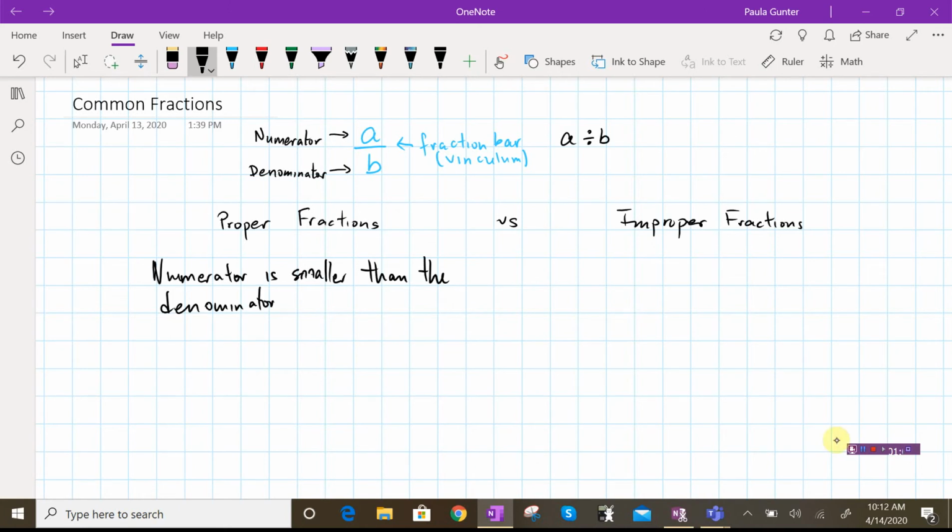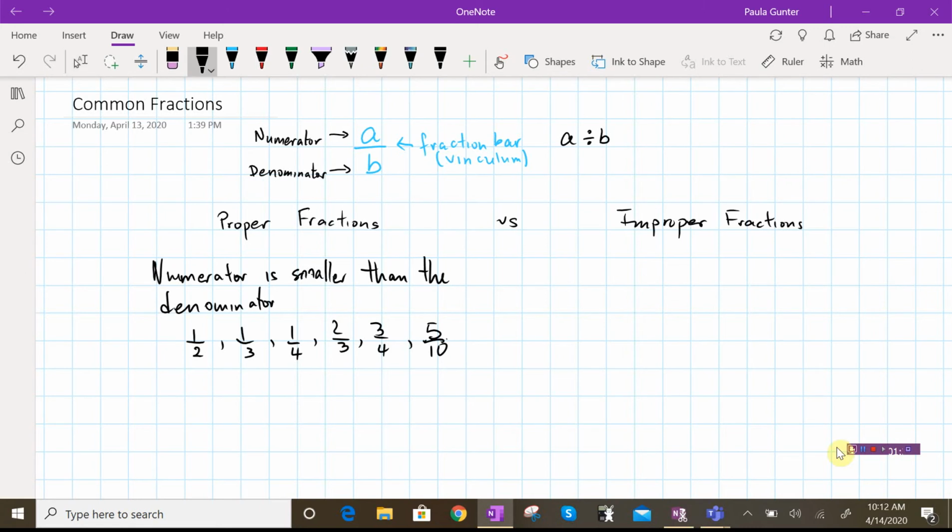And what we are looking at are fractions such as 1/2, 1/3, or 1 out of 3, 1/4, 2/3, 3/4, and so on. You can even say 5 out of 10.